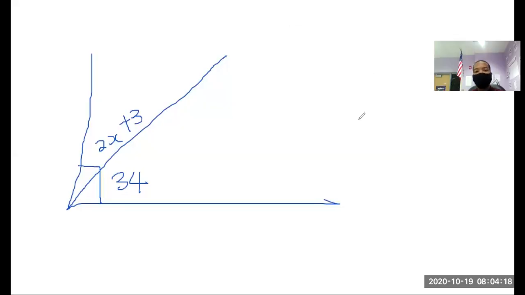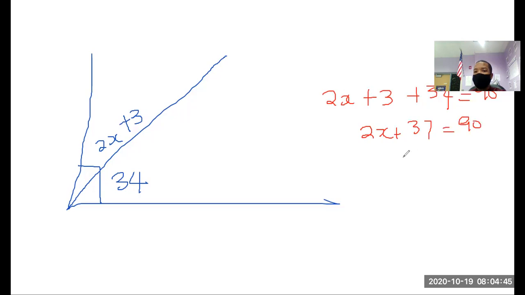So if I'm going to solve this one, if I want to write the equation first, it's 2x plus 3, that angle, plus this angle is equal to 90. Does that make sense? So then we just simplify like we normally do. 2x plus 37 equals 90.